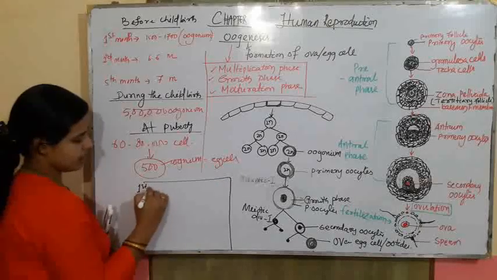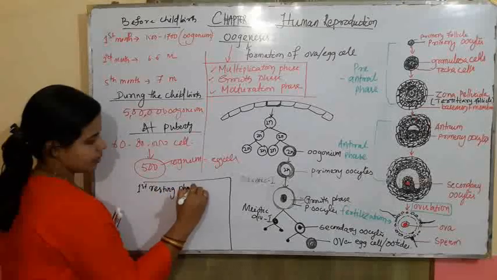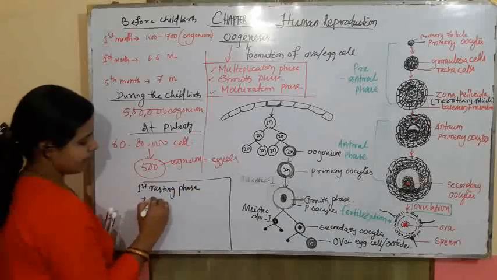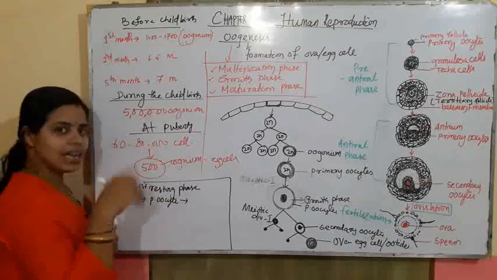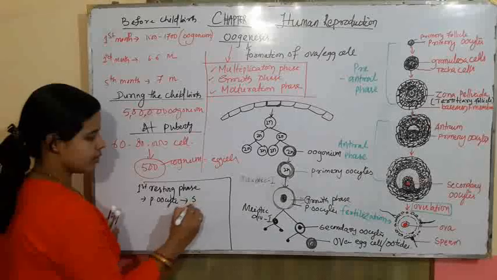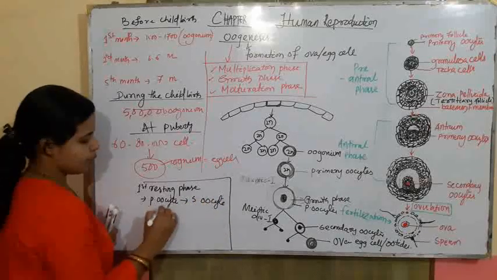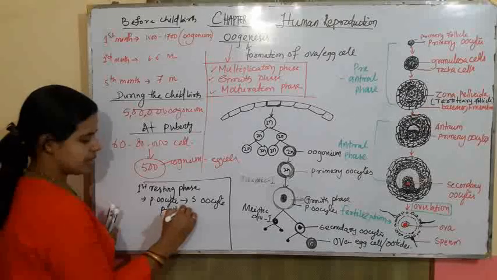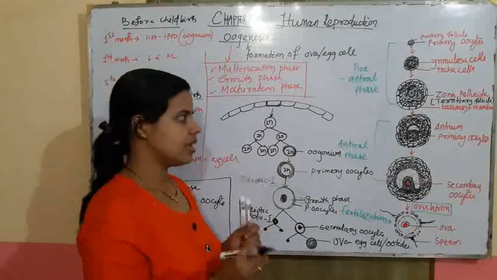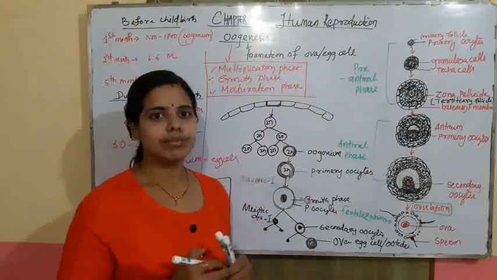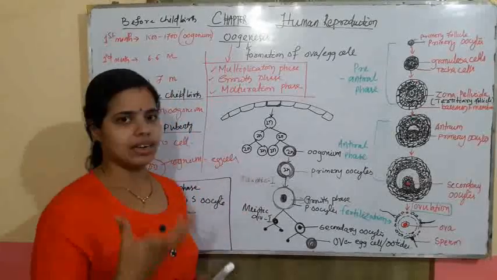First resting phase, you can find out: the primary oocyte, when it has to form the secondary oocyte, at prophase, at the starting phase only, takes a little bit of rest. There are certain factors which may not allow it to form the secondary oocyte.